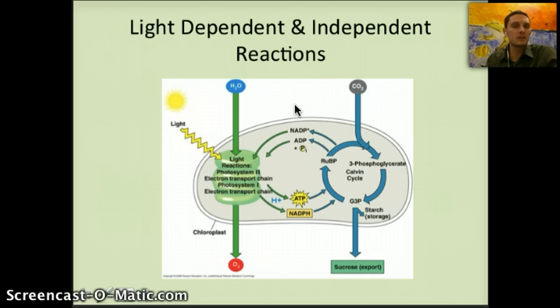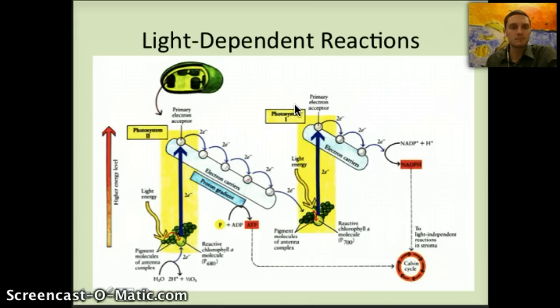So we're going to look specifically in this video at the light-dependent reactions, and in the next video we'll take a closer look at the light-independent reactions. This image does a really good job of summarizing what's happening during the light-dependent reactions. This is occurring within the thylakoid, and the chloroplast is absorbing light.